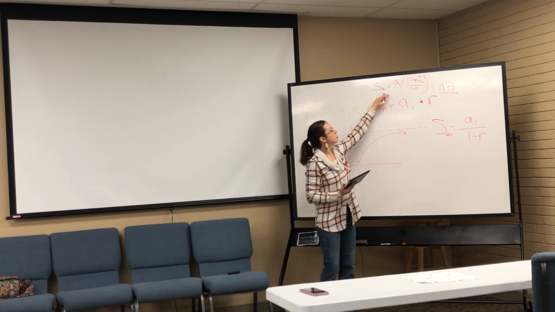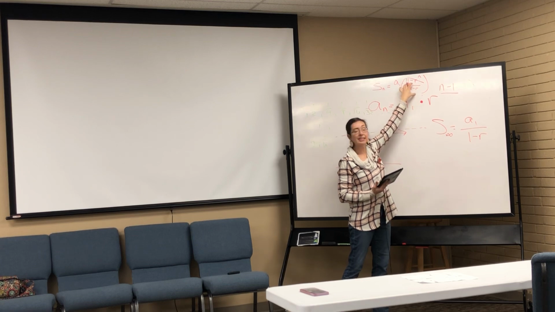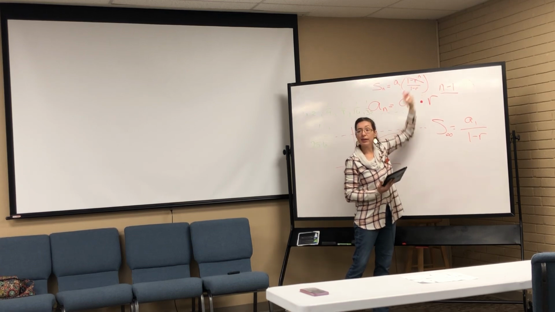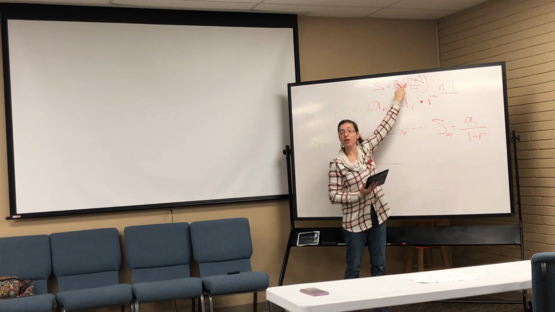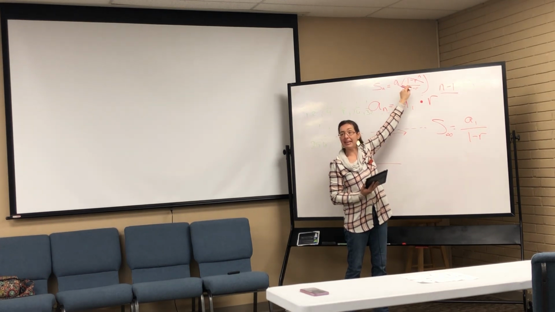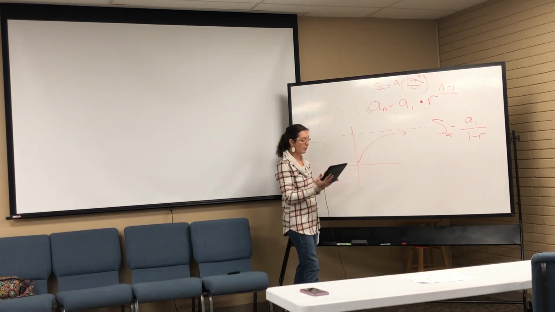When we have a finite series, we tie it into how many we had. When we have an infinite series, we don't need to know how many we had. That's why we lose that top part. Because we have infinitely many, and all we have is a sub 1 over 1 minus r.